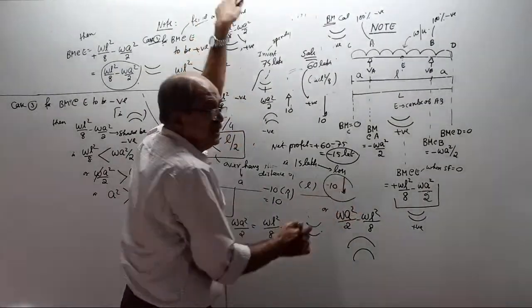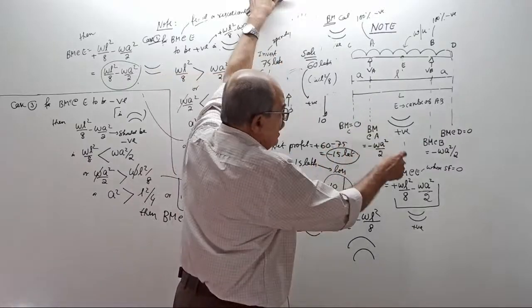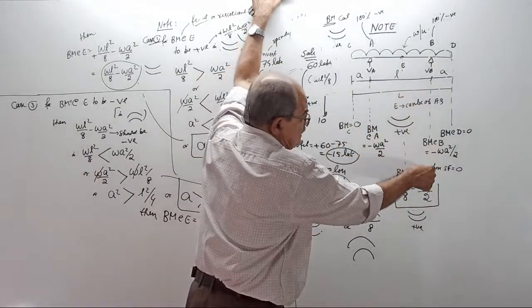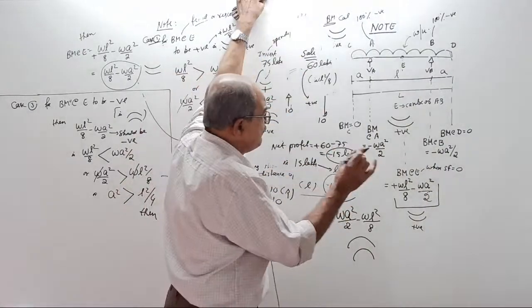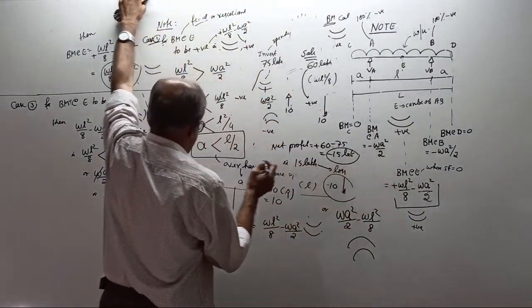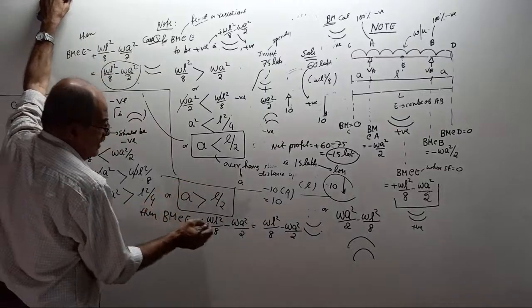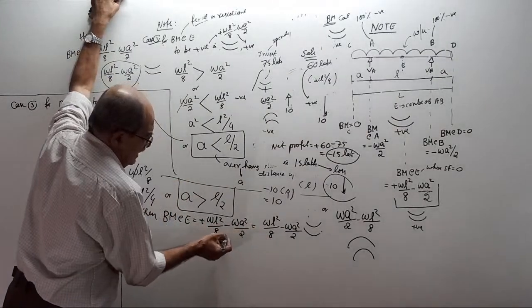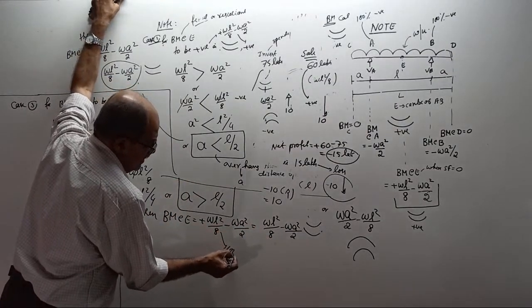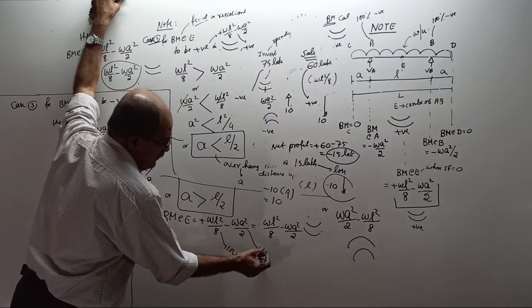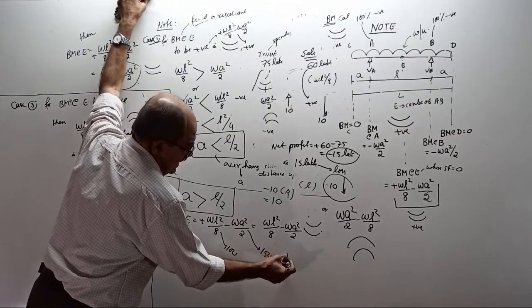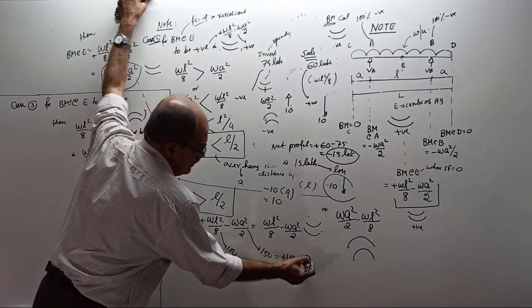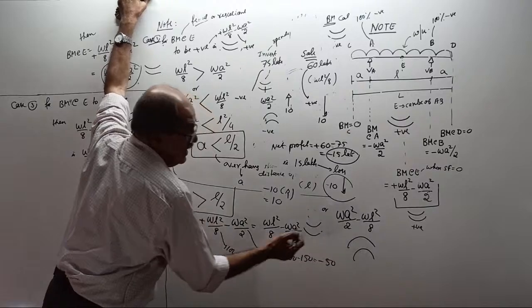Clear now? See, WL square by 8 minus WA square by 2 is sagging only. For example, imagine WL square by 8 is 100 and WA square by 2 is 150. So the answer is plus 100 minus 150 equal to minus 50.